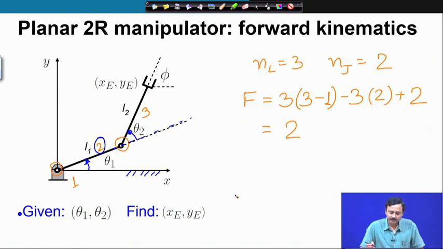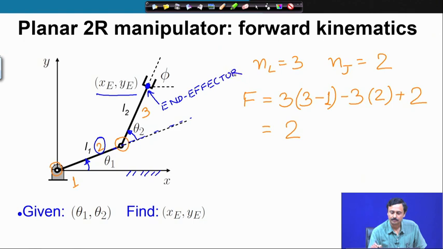Since we have two inputs and two outputs, what are the outputs? These are the position and orientation of the end effector point. So, the end effector can move in the xy plane.